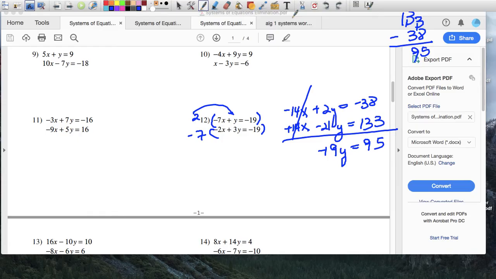So 19, 9 times 7 is 63, plus 6, 133. And that should have been positive. That's okay. These go out. This becomes 19y, because it's 2y and 21 positive, so that's 19y. Positive 19y. And 133 minus 38.